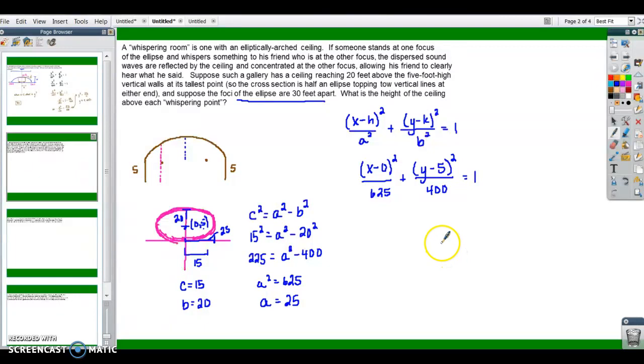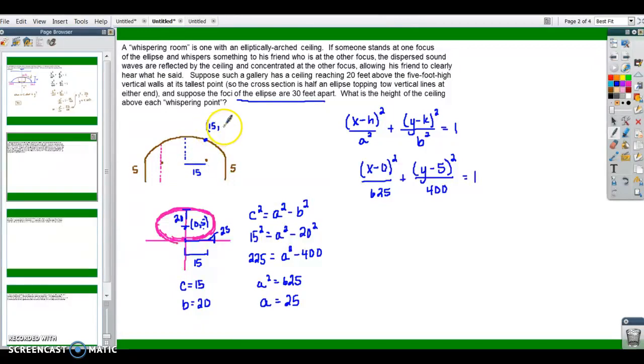So now, it says, what is the height of the ceiling above each whispering point? I'm trying to find the coordinates of one of these. I'm trying to find the y coordinate of that point. Sorry, I know this is 15 because it's 15 from where the center is. That distance is 15.